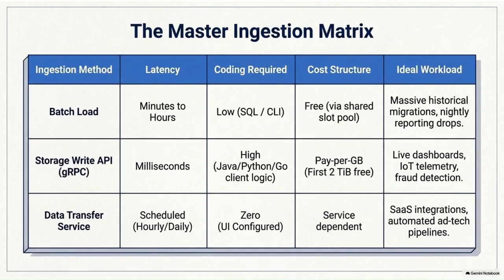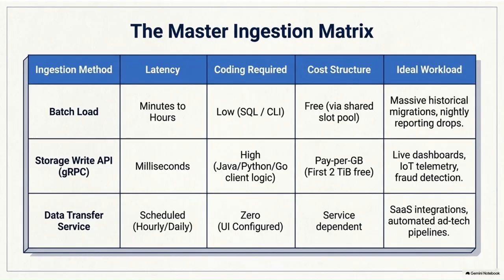Ideal workload: batch loads are for massive historical migrations, nightly reporting loads, drops. So you want reports or dashboards which depend upon massive historical data, trends, jobs, and so on. But in the case of Storage Write APIs, if you want live dashboards, IoT telemetry, fraud detection, this is the best.